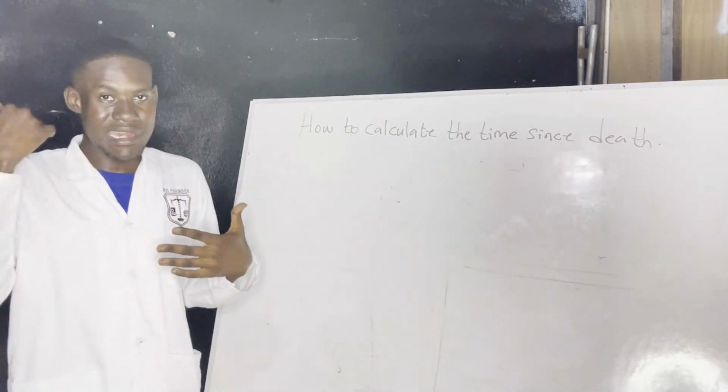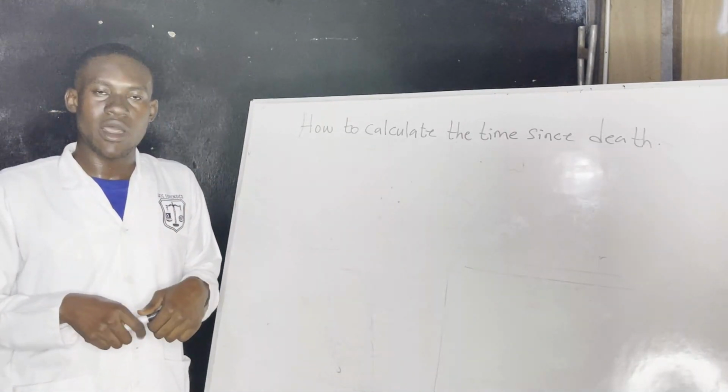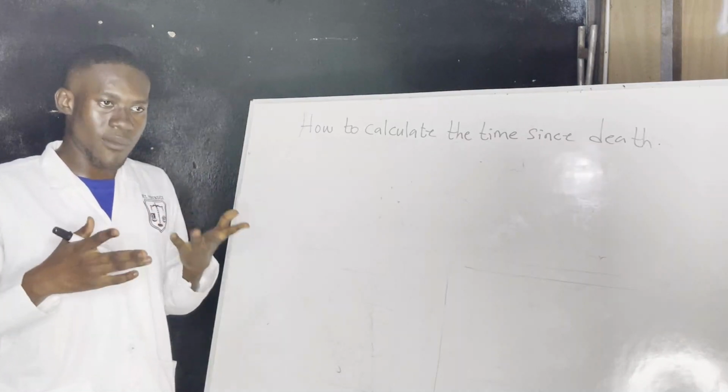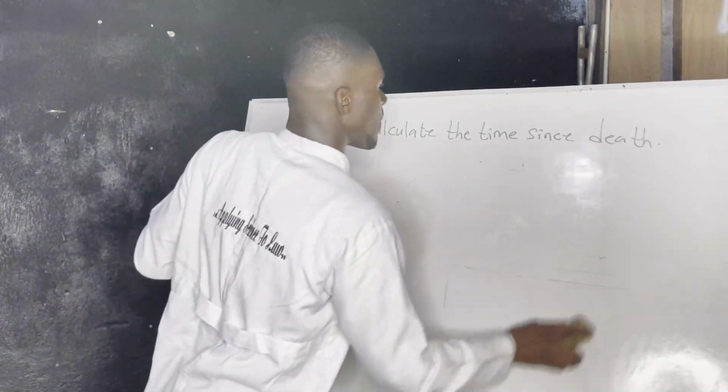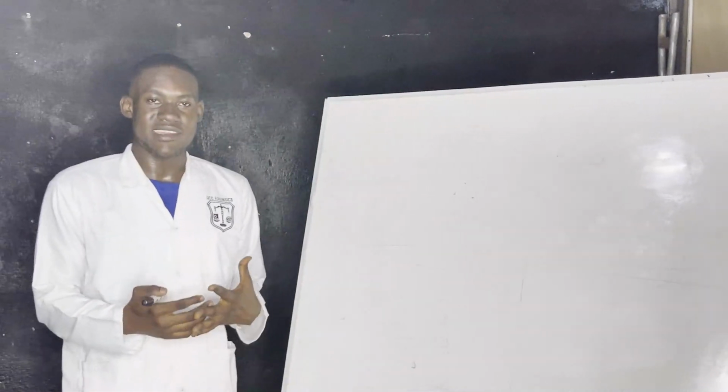So now let's get back to brass tacks. Let's talk about how to calculate the time since death using the formula. We're going to use the time since death formula.